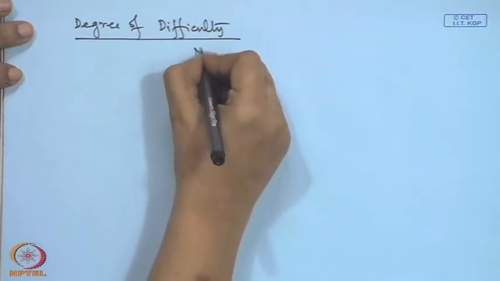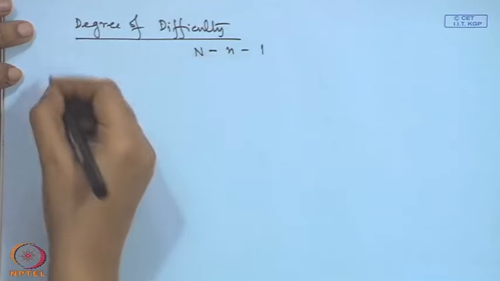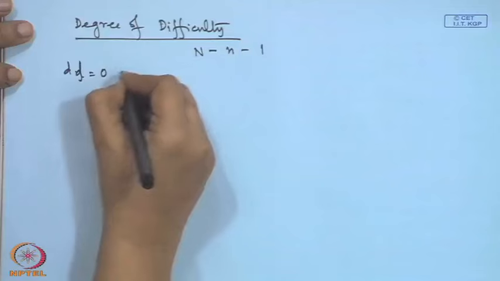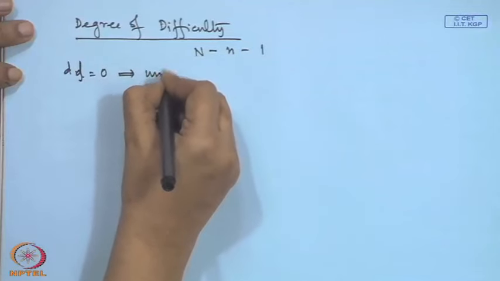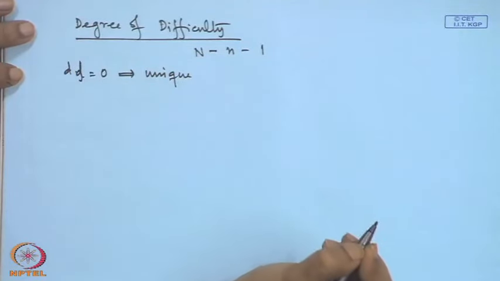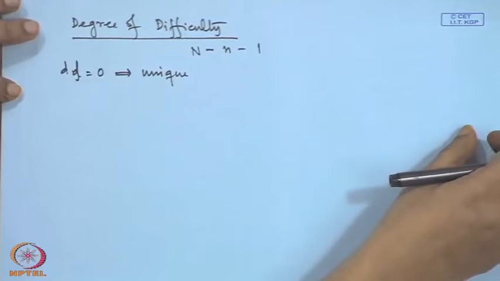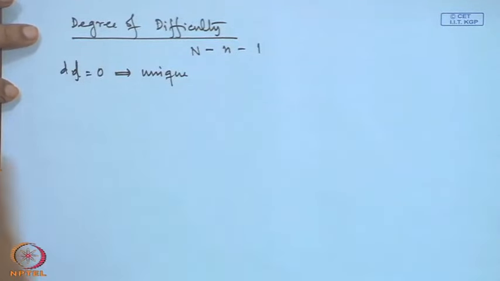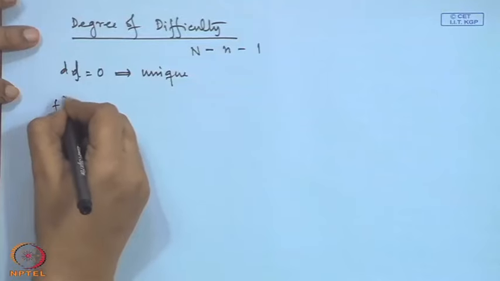The value is equal to n minus 1. If degree of difficulty is equal to 0, this corresponds to unique solution of the geometric programming problem. Otherwise, we will not get any unique solution for the geometric programming problem. Now, the next task is to calculate the values for f star.